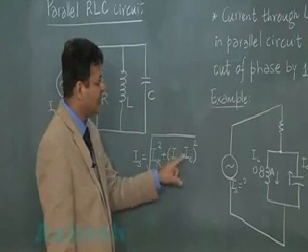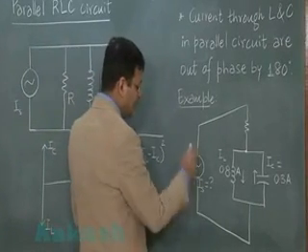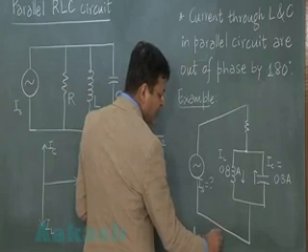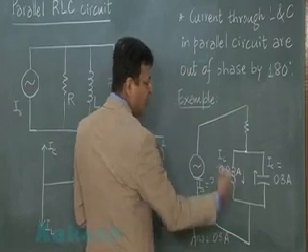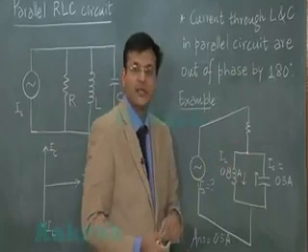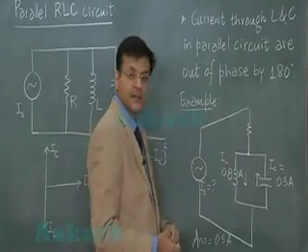So that is 0.8 minus 0.3, and the supply current will be the subtraction of these two, that is 0.5 ampere, and not 0.8 plus 0.3. So 0.5 ampere current will be flowing into the supply circuit.